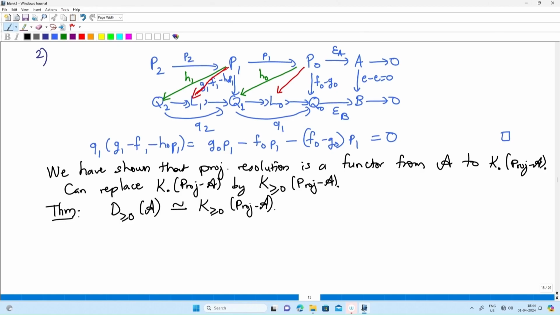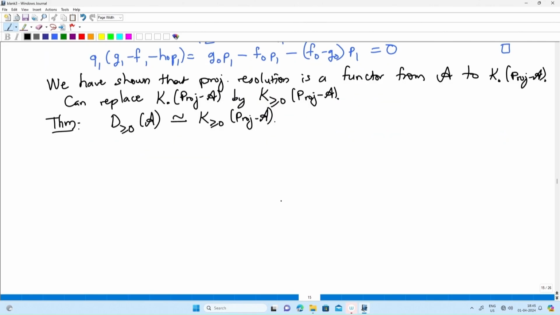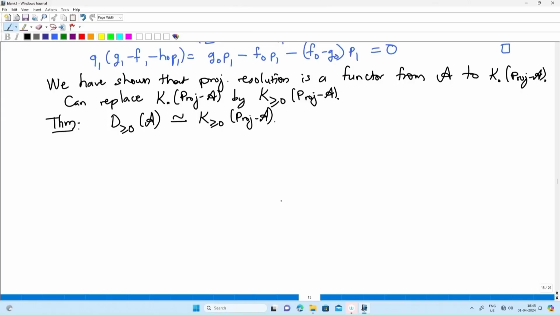I said that the homotopy category K dot A is the naive version, but the derived category, this particular derived category, and you can see the arguments. Yeah, in the derived category I'm using A, whereas on the other side I'm using proj A. Proj A is just an additive subcategory. It's the full subcategory on projective objects. Any questions so far? Okay, so you just accept this particular result without any proof.